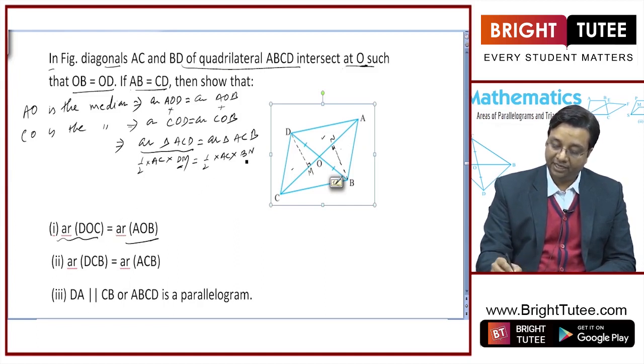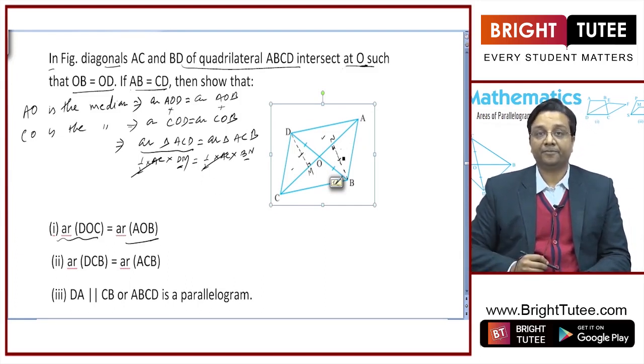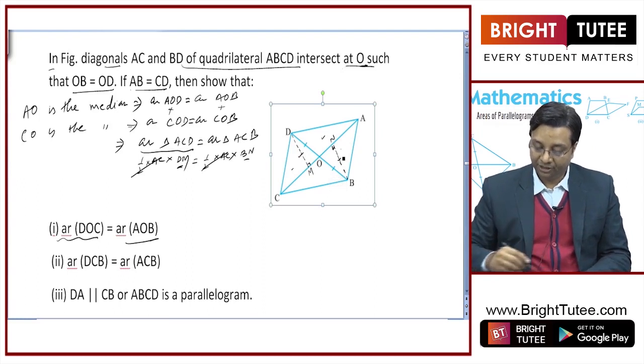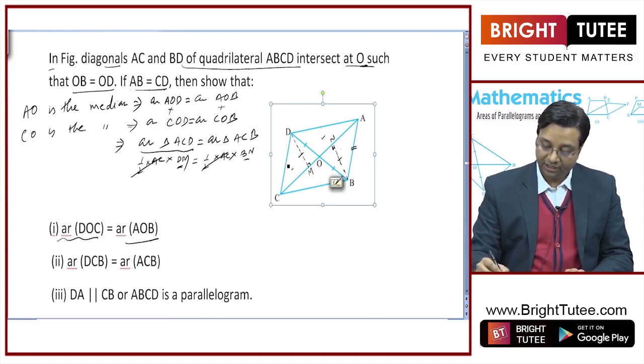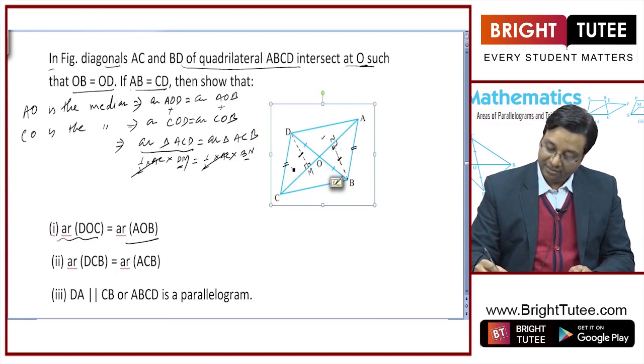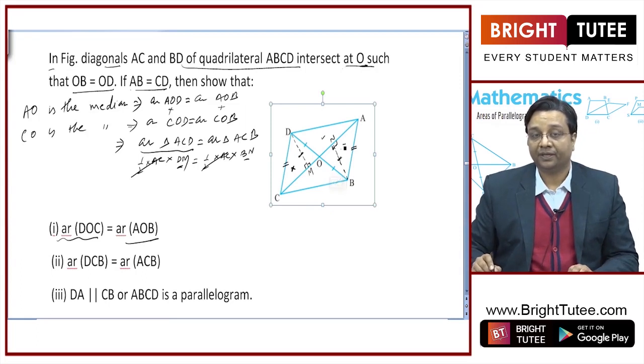So DM and BN will be equal because I can cancel these, right? So DM is equal to BN. Now see, AB is already given as equal to CD, DM I have proved equal to BN, and these angles are 90 degrees each. Can I say by RHS congruency rule, these triangles are congruent?